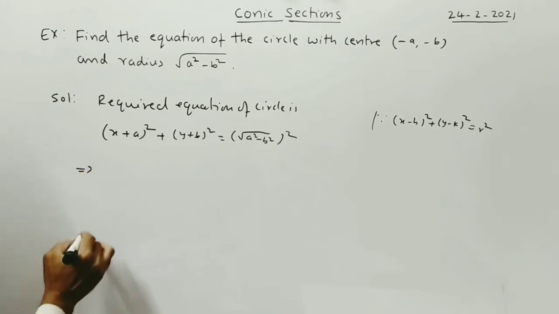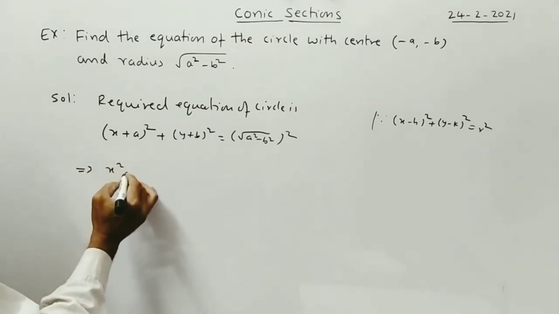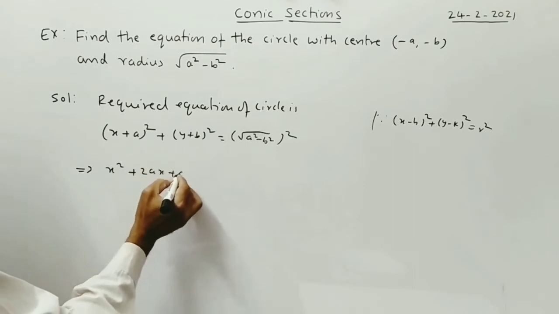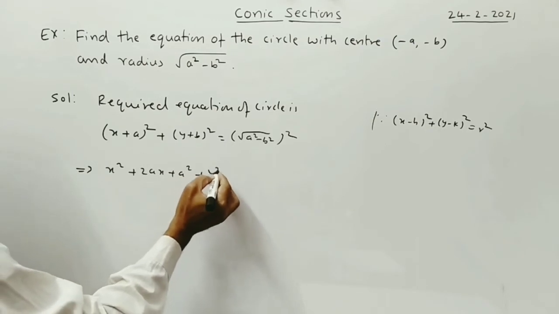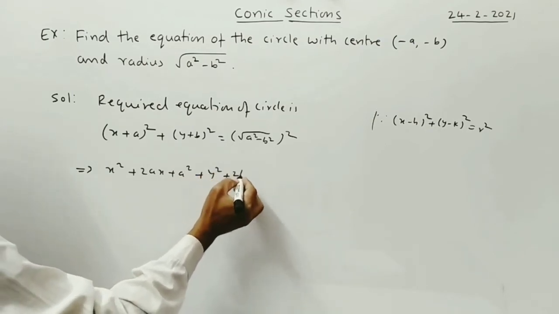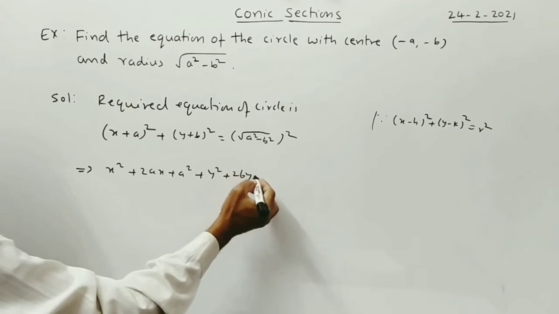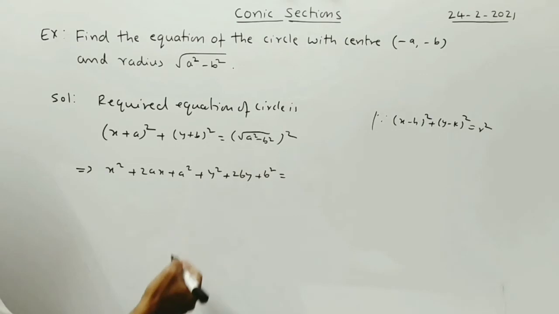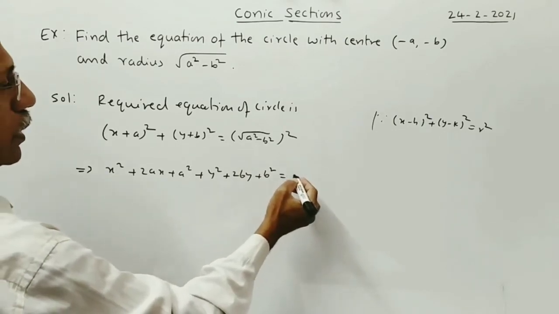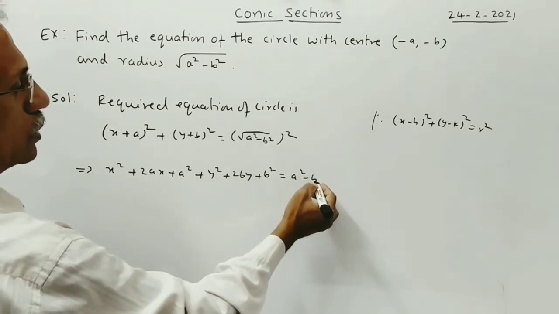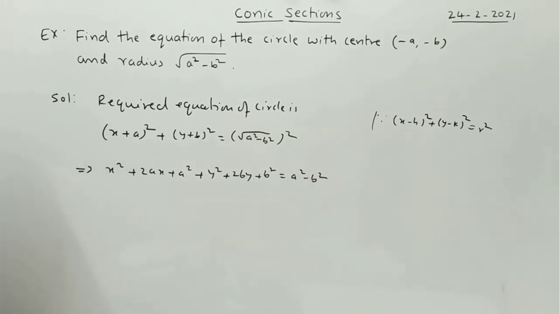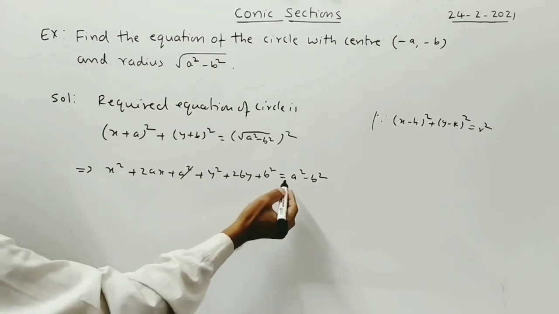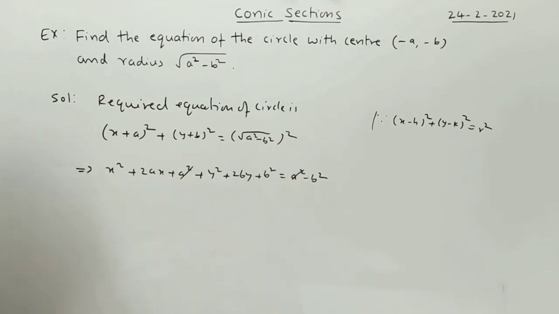This implies x square plus 2ax plus a square plus y square plus 2by plus b square is equal to a square minus b square, and square root will get cancelled. Both sides we can cancel a square.